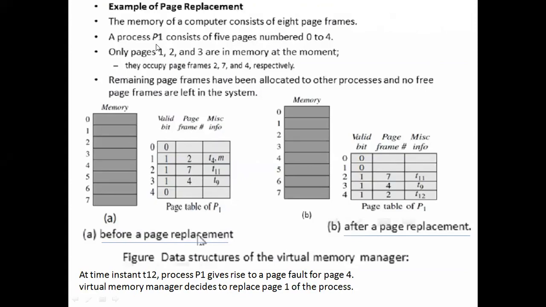So we have a process by the name P1. How many pages does P1 have? 5 pages: 0, 1, 2, 3, 4. Only pages 1, 2, and 3 are in the memory at the moment. This figure is before the page replacement: page 1 is stored in frame 2, page 2 is stored in frame 7, and page 3 is stored in frame 4.